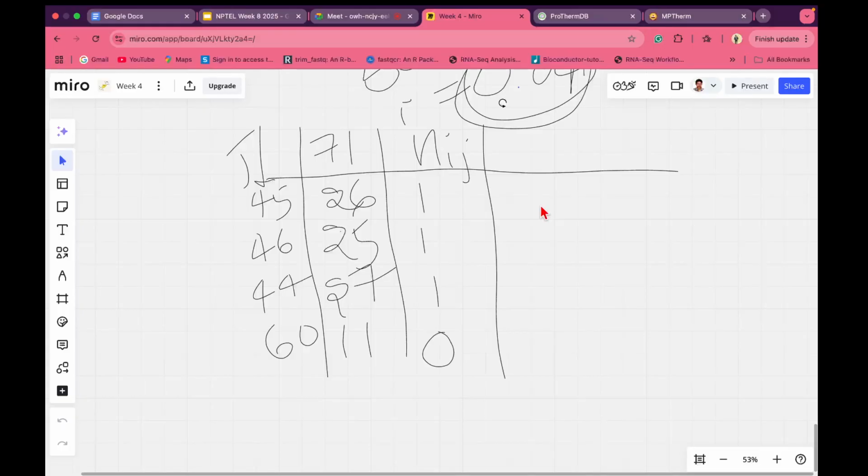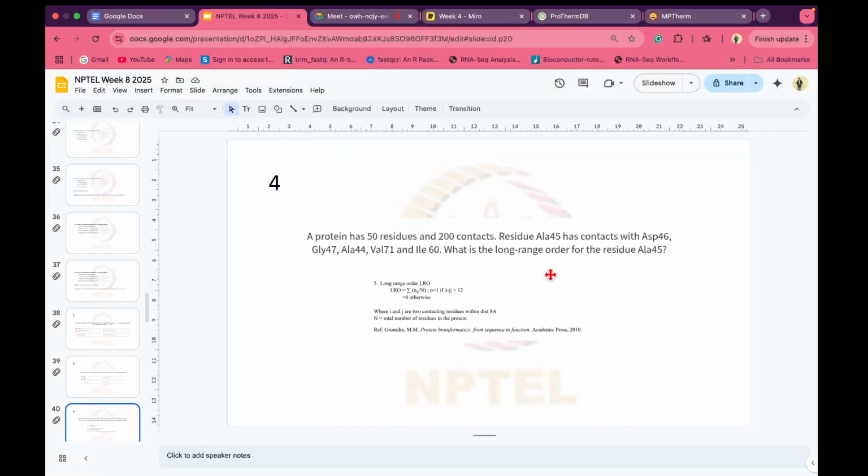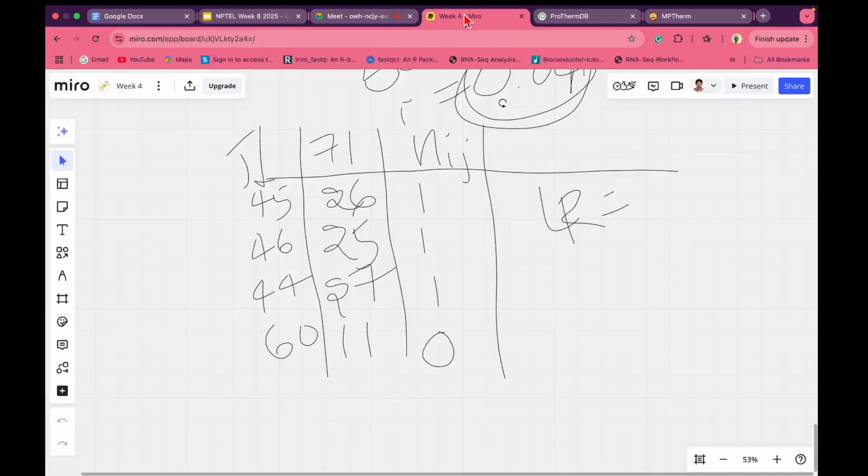Long range order will be... there should be one more, right? 46, 47. So we have one more residue, 47 also, whose separation is 24 and it says 1.